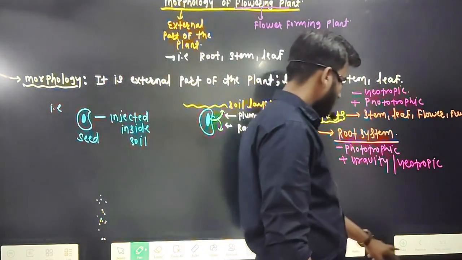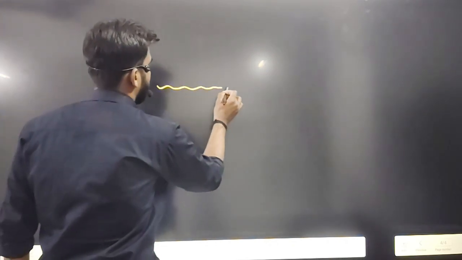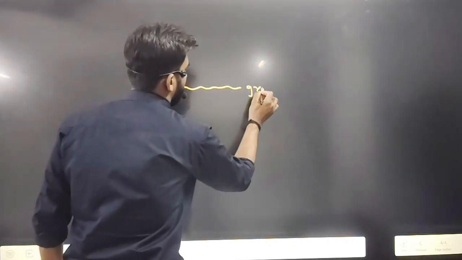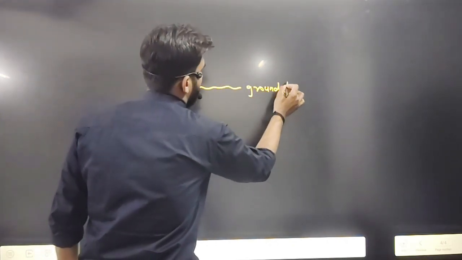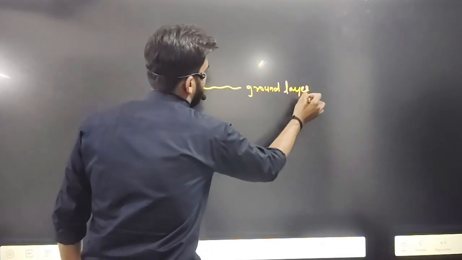Next, once the seed development starts, it can form the plumule part. This is the ground here. This is the ground layer.